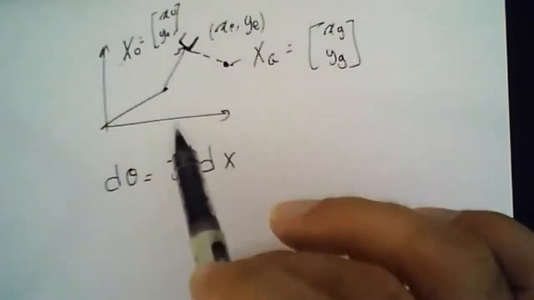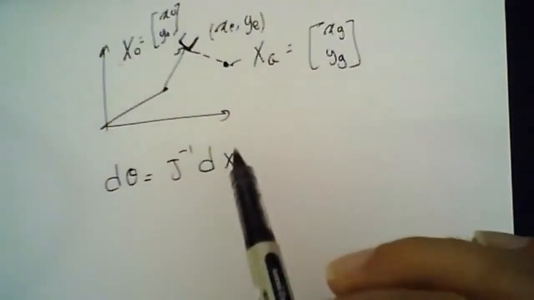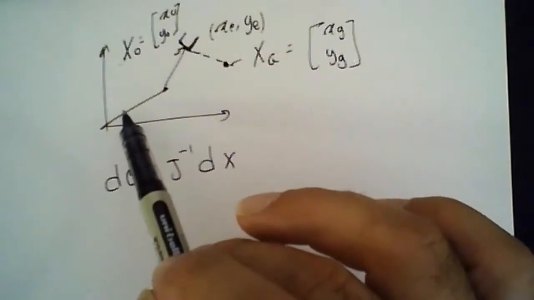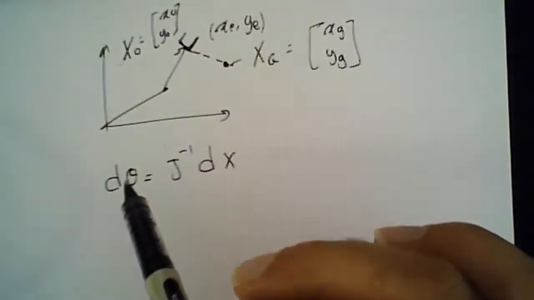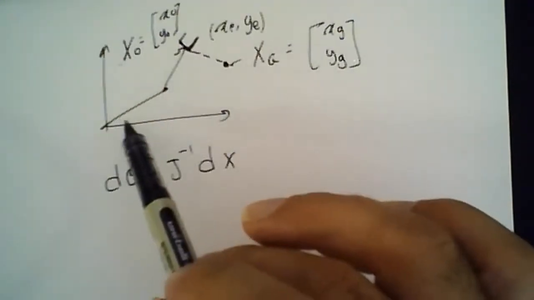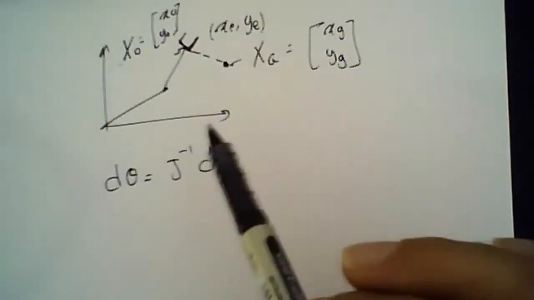I can take dx and dy from this point and multiply by the inverse of the Jacobian, and then solve for how much the joints have moved. So theta 1 has moved by d theta 1, and theta 2 has moved by d theta 2.